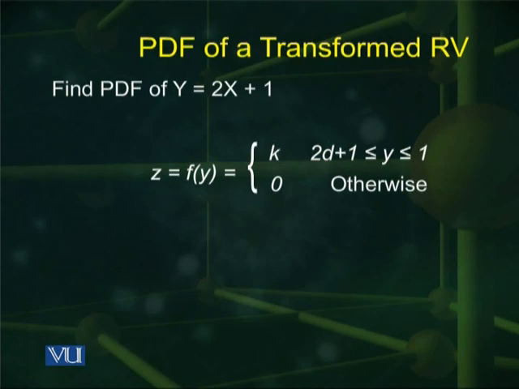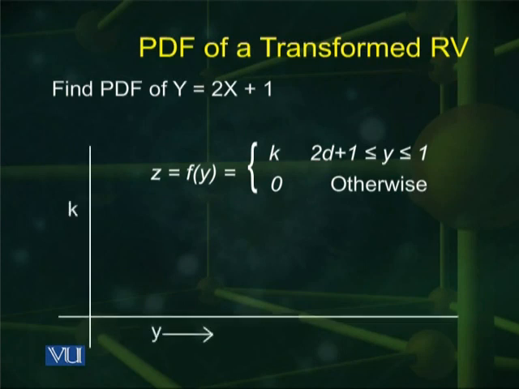First, let's look at the range of values of y. We know the range of values of x is between 0 and D, and the transformation is 2x plus 1. So the range of values of y will be 1 to 2D plus 1. The total width will be 2D, starting from 1 to 2D plus 1. This has been shown in the slide, and you can see what happens to points x1 and x2 as shown on the PDF of the original random variable x.